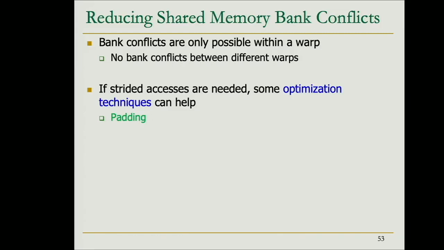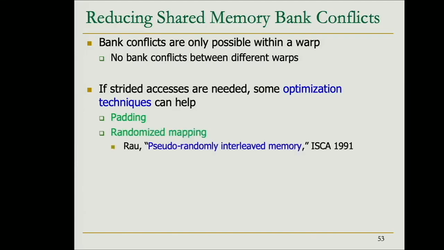Yeah, there have also been different proposals to deal with bank conflicts. I think that I already mentioned this randomized mapping from this paper from Bob Rao in ISCA 2000. So in ISCA 1991, pseudo-randomly interleaved memory. Essentially the idea here is to use hash functions that do the mapping in a different way.